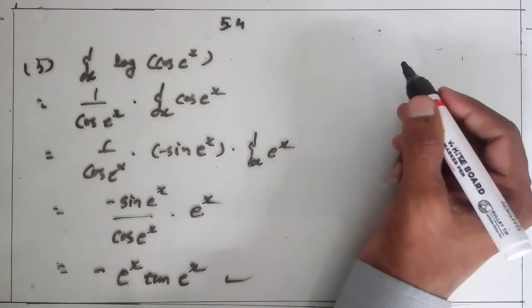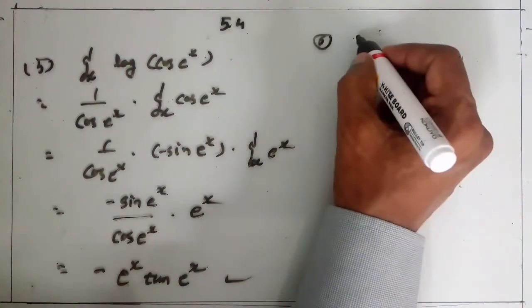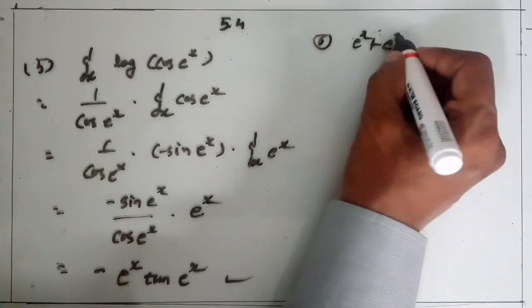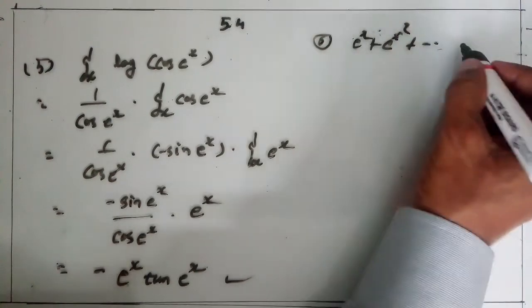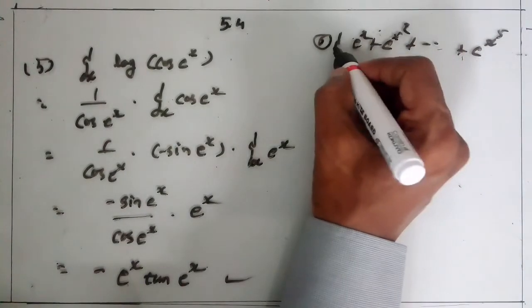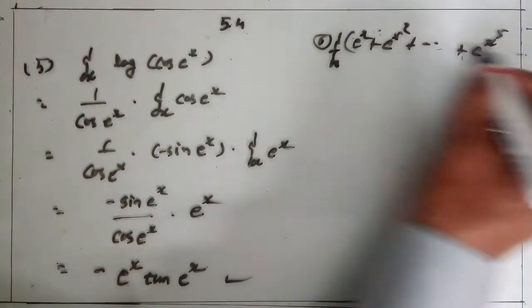Now next, question number 6. e^x plus e^(x^2) plus up to plus e^(x^5). Find the derivative of these terms.